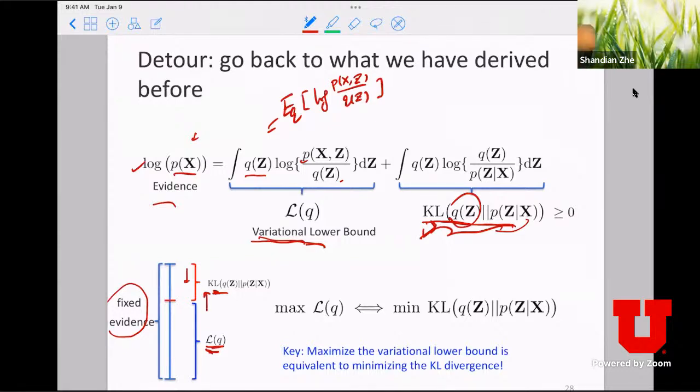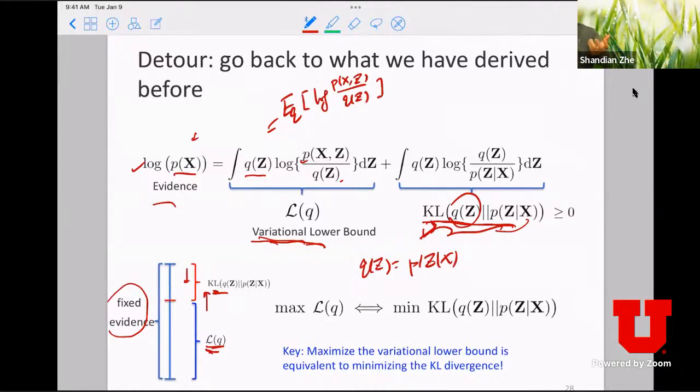Of course, theoretically, if you don't put any constraint on Q(z), and you assume Q(z) is just free form, it can be whatever you want, and you maximize this variational lower bound, it is very easy to show that your Q(z) is exactly p(z|x). But in practice, you always have to find a trade-off.